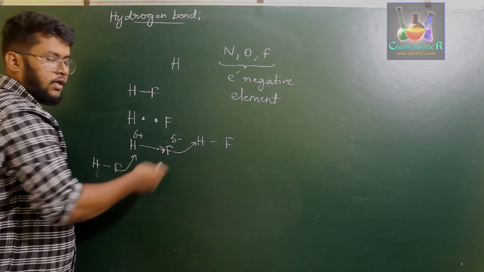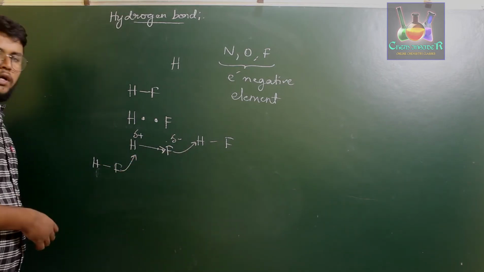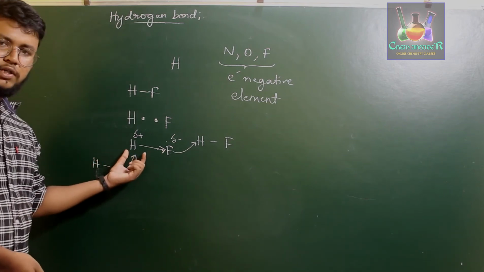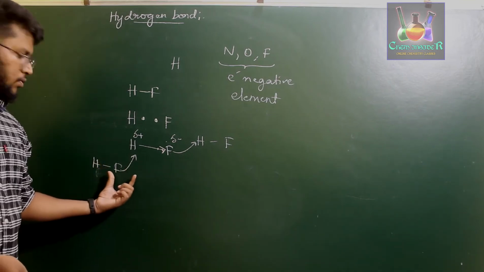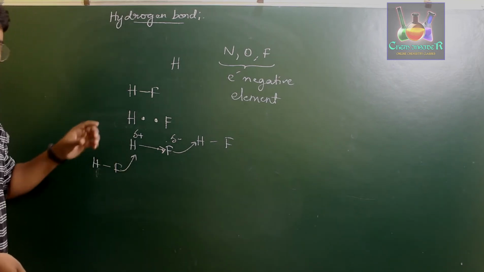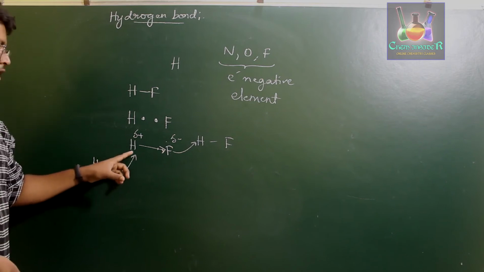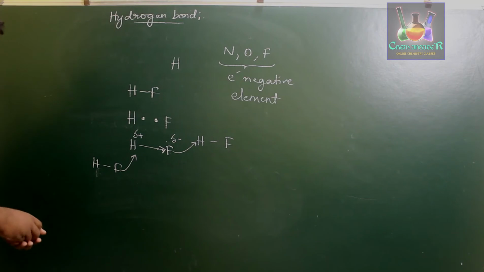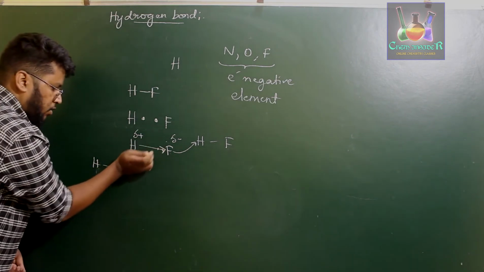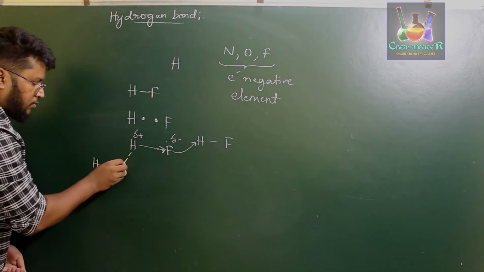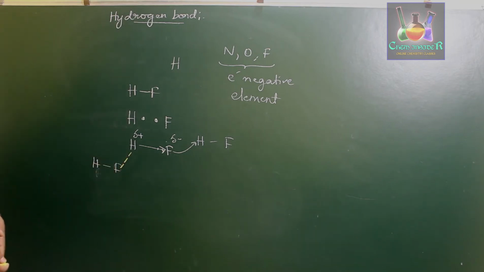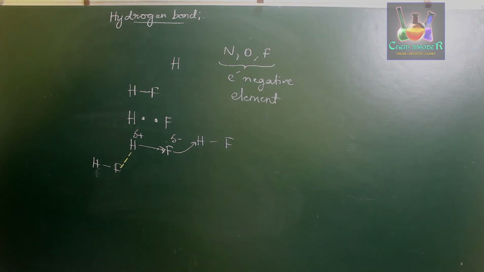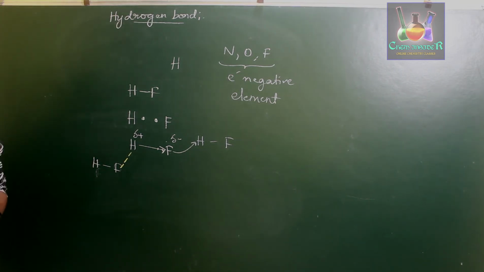Because of the higher electropositive nature of hydrogen and the very high electronegative nature of fluorine, there will be a small interaction between fluorine and hydrogen of two different molecules, which is called hydrogen bonding, and it is denoted by a dotted line of three dots. The three dotted lines indicate that hydrogen bonding is formed between the molecules of the given compound.